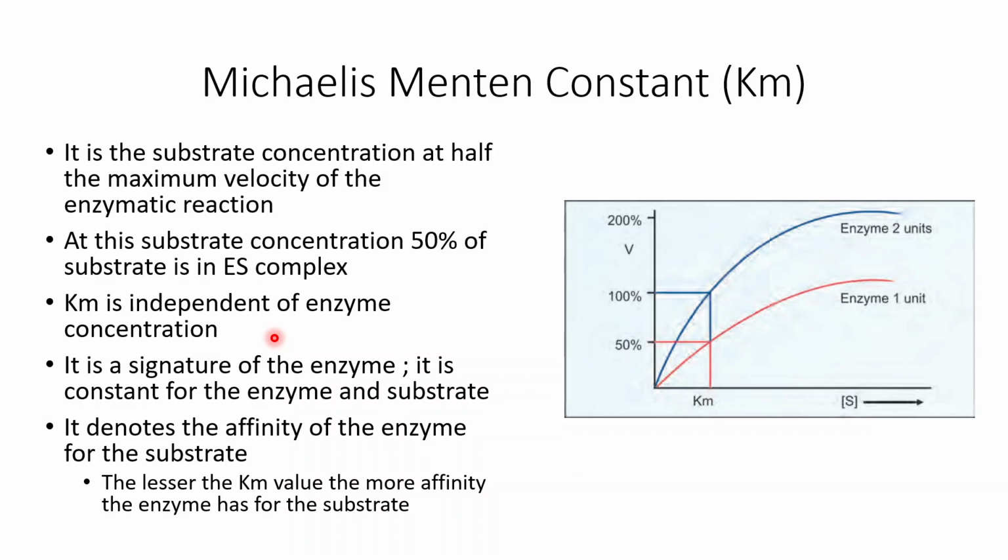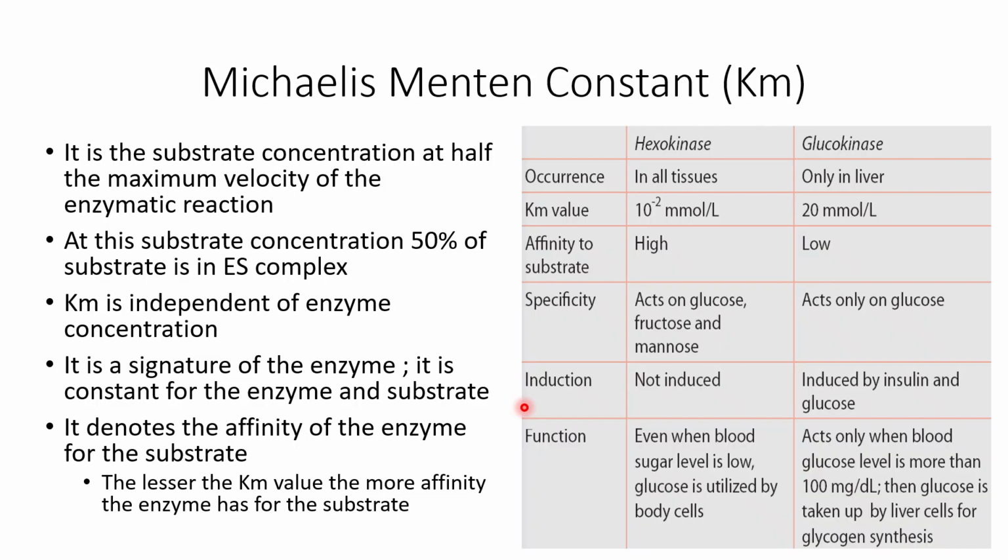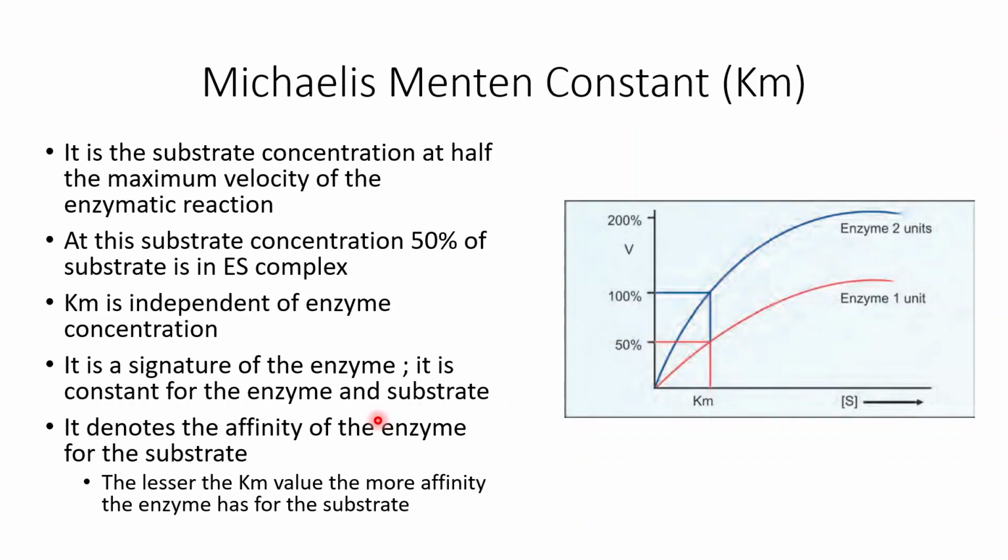It is also the signature of the enzyme. It is constant for the enzyme and the substrate, so it tells us about the enzyme. It is specific for the enzyme. It is the signature of the enzyme. It also denotes the affinity of the enzyme for the substrate.